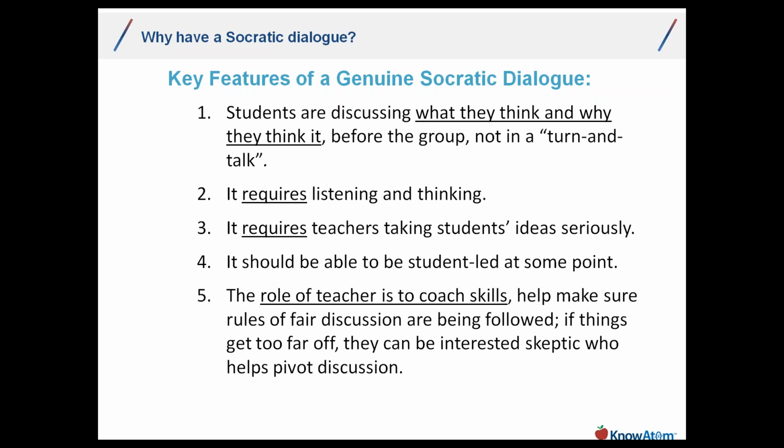Number 2, it requires listening and thinking. There's a difference between listening and waiting your turn to talk. It's a big difference.